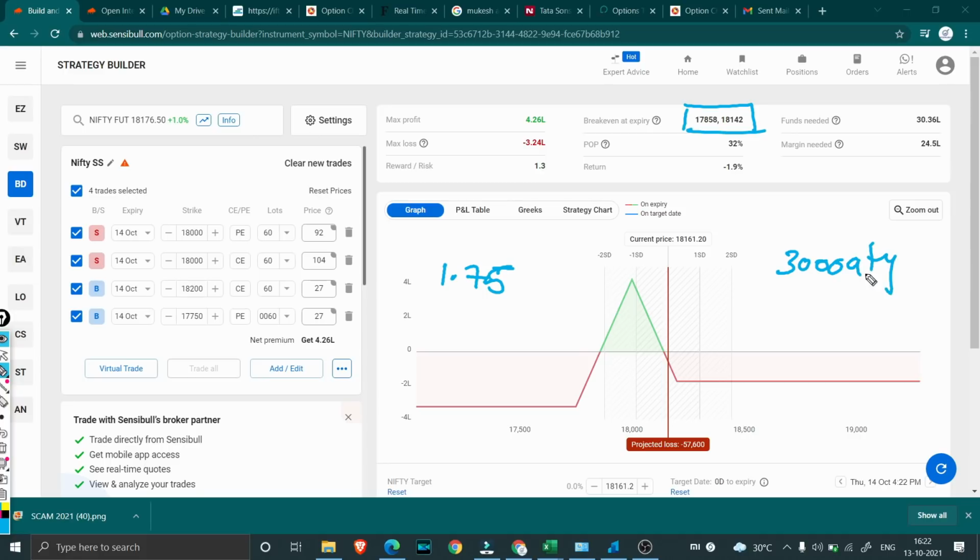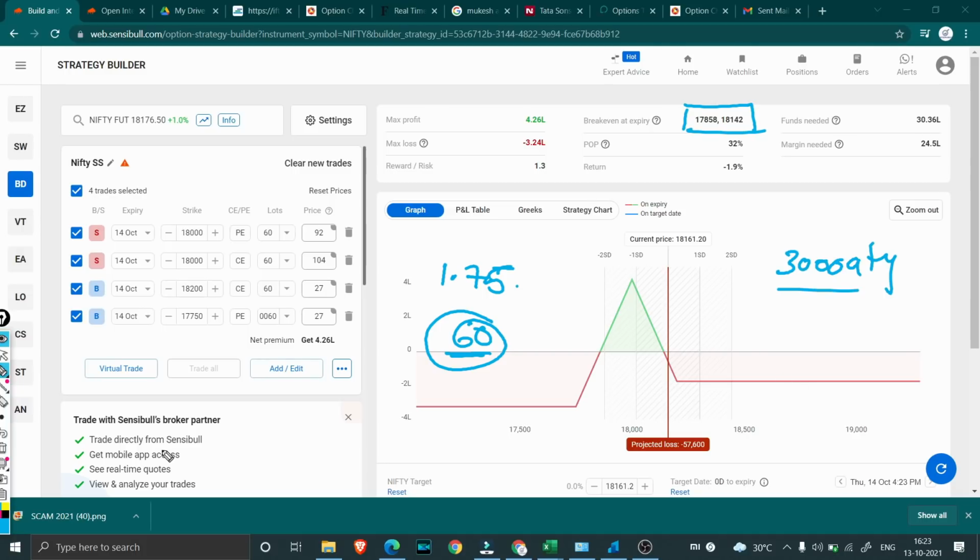So how many points should I collect to recover this loss? I have to collect somewhere close to 60 points, because 1.75 lakh divided by 3000 is very close to 60 points. And the moment I collect this, I am not going to have any loss on the upside. I'll only have profits moving ahead.